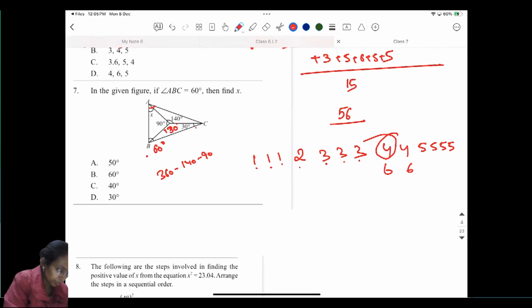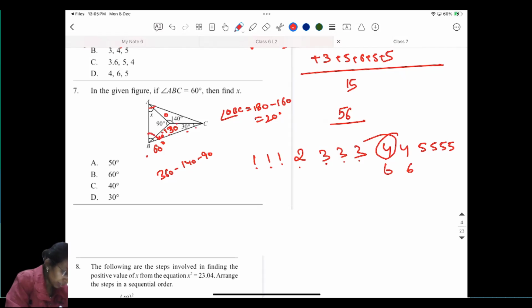This one is 30. So the remaining part, that is the angle OBC, angle OBC will be my 20 degrees. Because 180 minus 130 plus 30, that will give me 20 degrees. So OBC is we are having 20 degrees. The whole angle B is 60 degree.